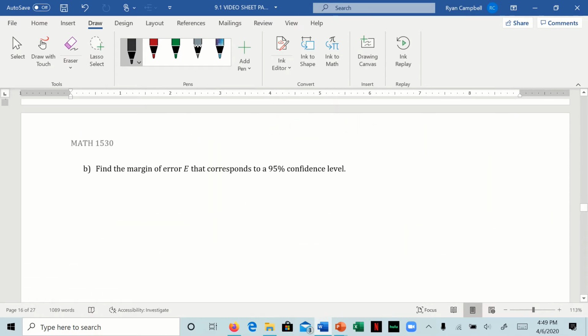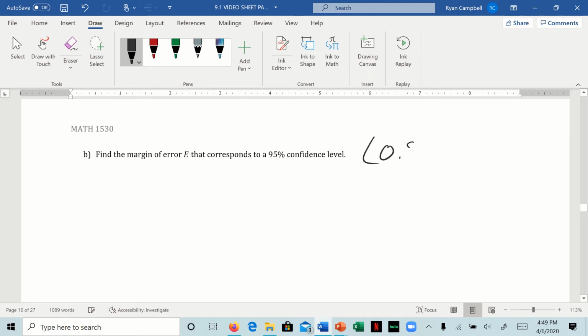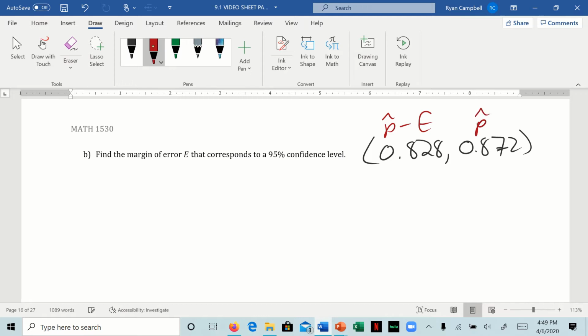Part B: find the margin of error that corresponds to the 95% confidence level. Remember the way we find it, we already talked about this. The low number is p hat minus e. The top number is p hat plus e.